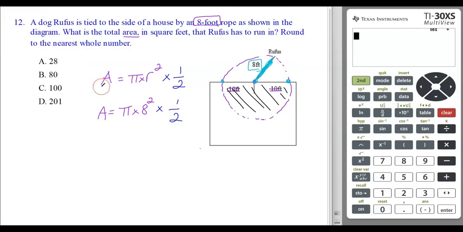Now I can punch this whole thing into the calculator. That's what I'm going to do, and then I'll be done. So pi is right here, times, let me go back one.